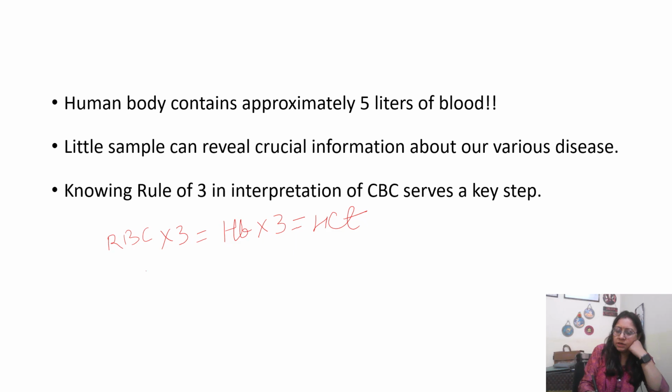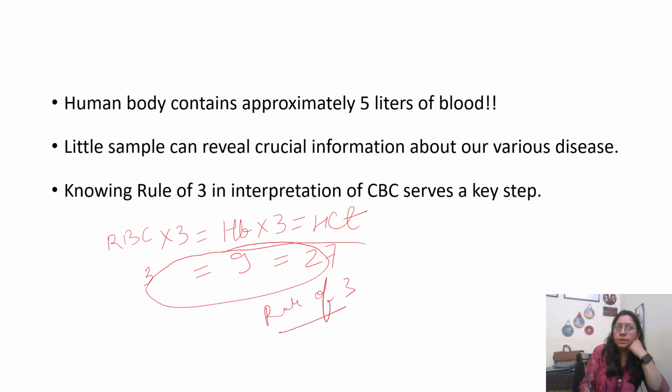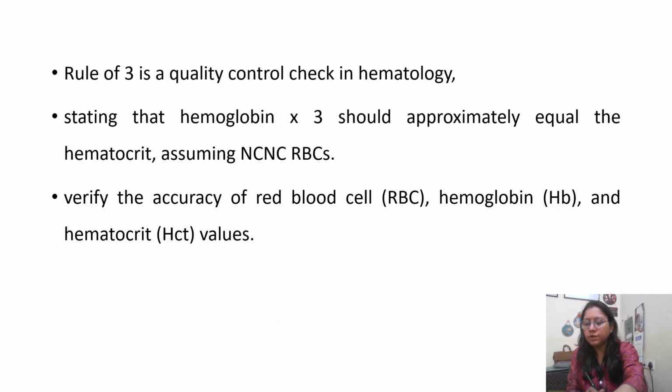So RBC, you know it is in millions, right? तो अगर हमारा RBC 3 है, hemoglobin should be 9 and hematocrit should be 27. So this is rule of 3. So जब भी next time when you see your CBC report, just see whether these three parameters are fitting or not.